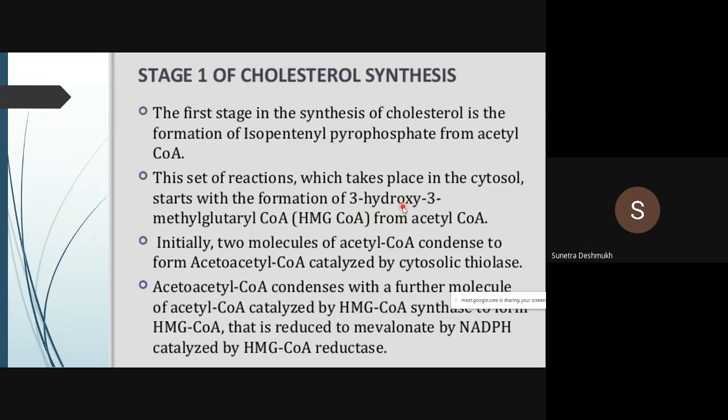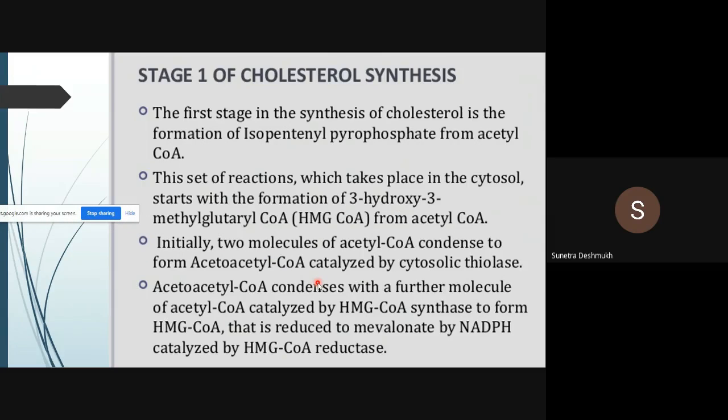The first stage in the synthesis of cholesterol is the formation of isopentenyl pyrophosphate from acetyl coenzyme A. This set of reactions takes place in the cytosol and starts with the formation of 3-hydroxy-3-methylglutaryl coenzyme A from acetyl coenzyme A. Initially, two molecules of acetyl coenzyme A condense to form acetoacetyl coenzyme A, catalyzed by cytosolic thiolase.